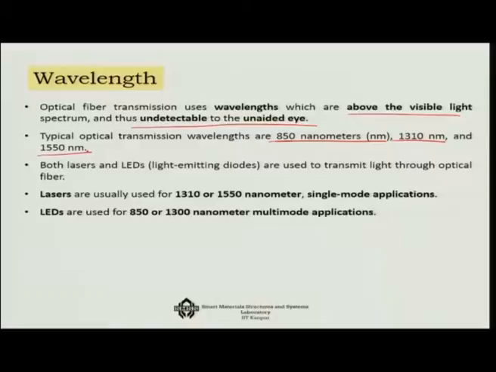Both lasers and LEDs, the light emitting diodes, are used to transmit light through the optical fiber, and lasers are usually used for 1310 and 1550 nanometer in single mode applications, whereas LEDs are used for 850 or 1300 nanometer in multi-mode applications. LEDs are slightly cheaper, but lasers are more expensive, and they are used for single mode applications for the highest quality of data rate.